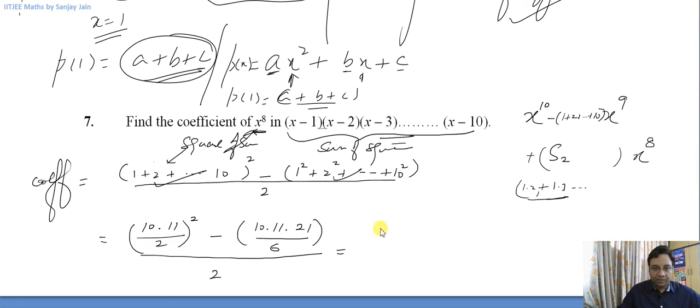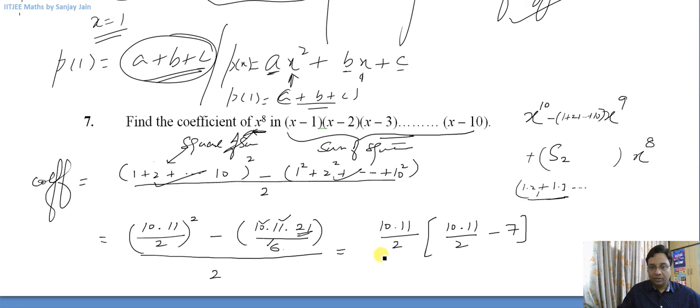Now what I can do here is take 10 into 11 divided by 2 common from both the brackets, and inside I'll have 10 into 11 by 2 here, minus, since 10 into 11 and 2 I have already taken outside, 21 by 3, that is 7 here.